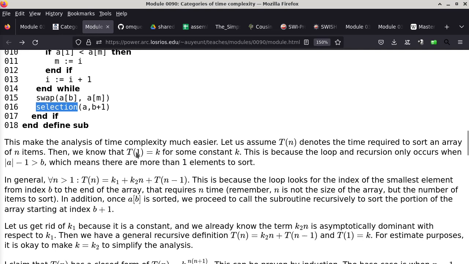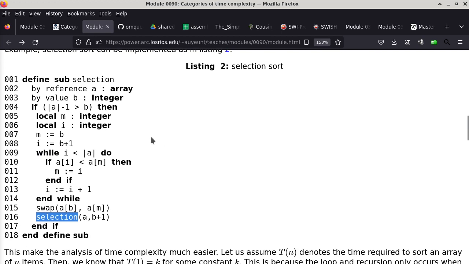And then we know that T(1) is k for some constant k. Well, let's check out why we know that that's just a constant time when T(1) is being considered. So when T(1) is considered, then we only have one element left. And when there's only one element left, then |a| minus 1 is greater than b is going to be false. And as a result, we skip around this entire thing because we have nothing to do.